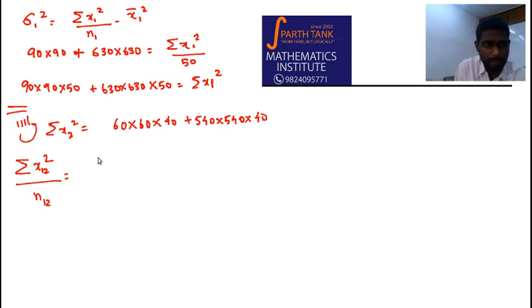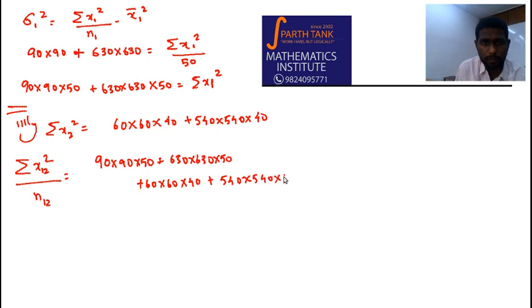So that can be written as 90 into 90 into 50 plus 630 into 630 into 50 plus 60 into 60 into 40 plus 540 into 540 into 40 upon 90.